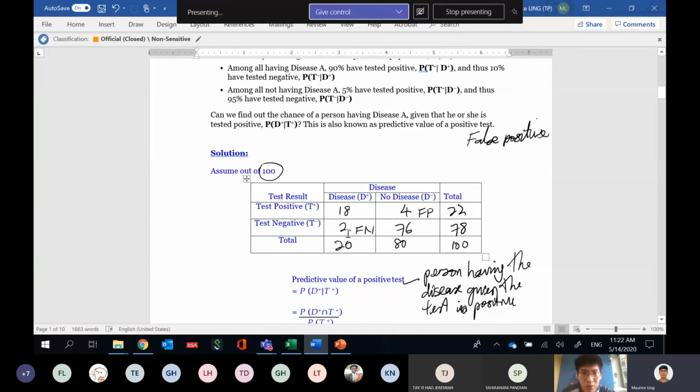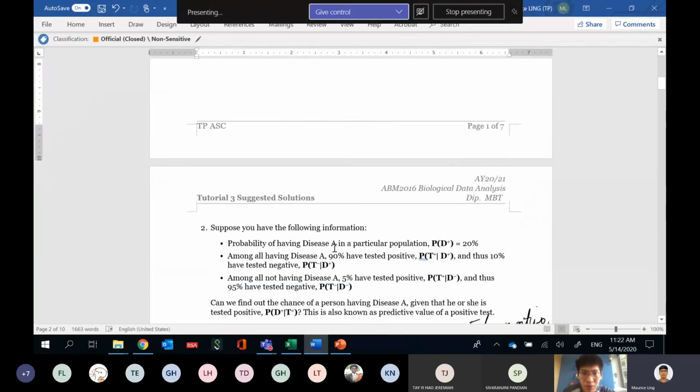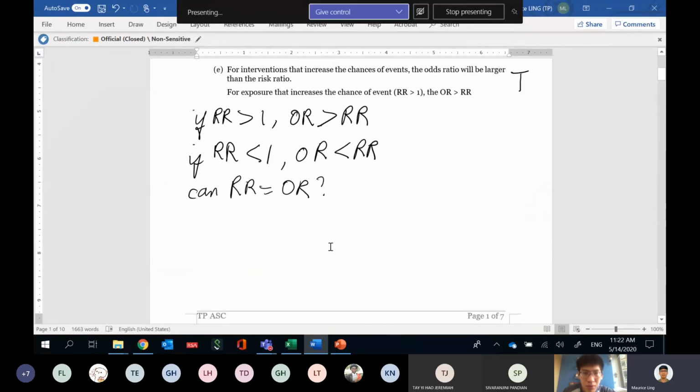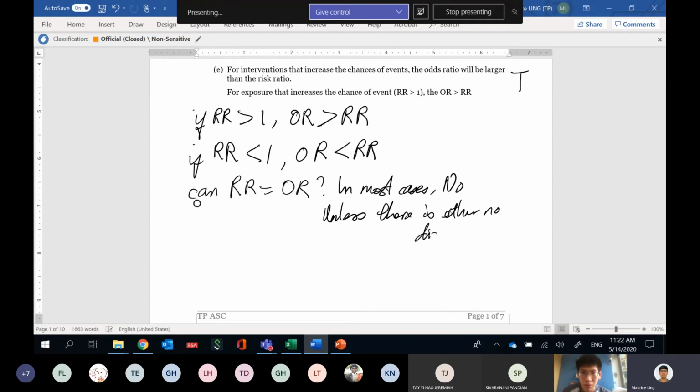If relative risk equals odds ratio, that means there is no disease or no exposure. I would say that in most cases, no, unless there is no disease or no exposure. That means you're writing a table that looks like that.